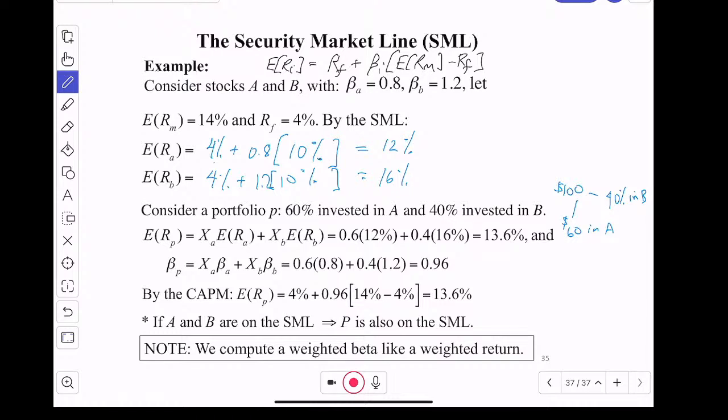So how would we do this? Well, first, we can find the expected return of the portfolio combining A and B. So we use the weighted average of the means to get that, you see? Remember this, we create a portfolio.